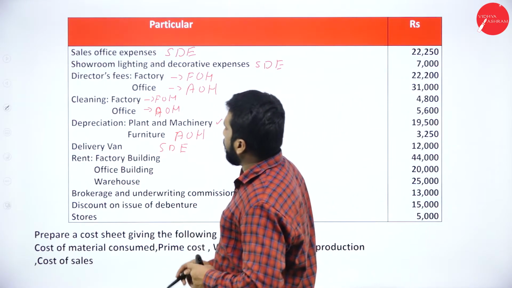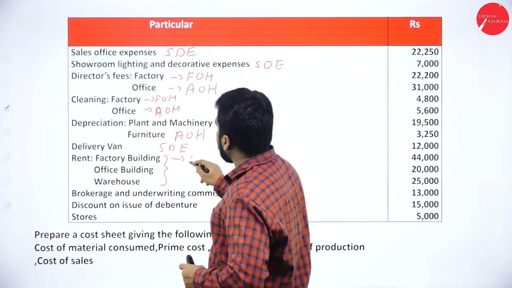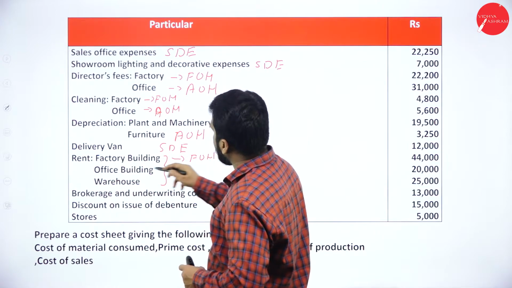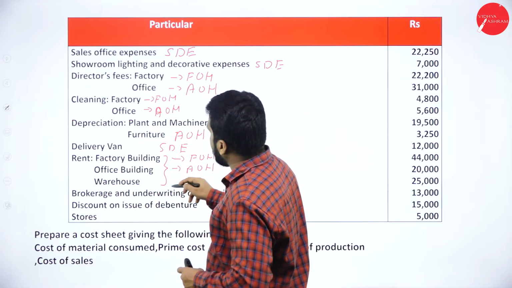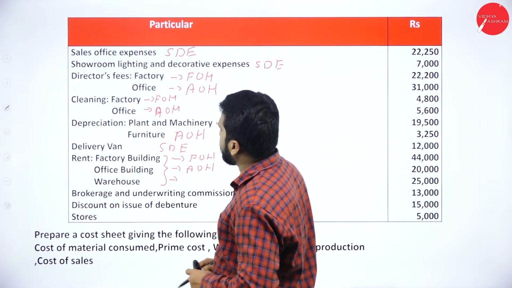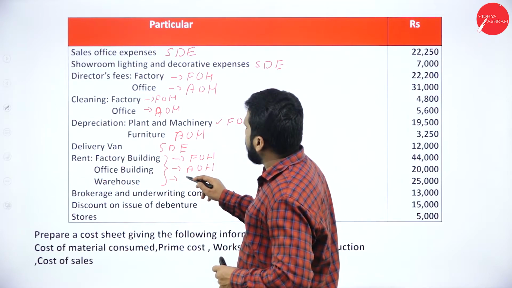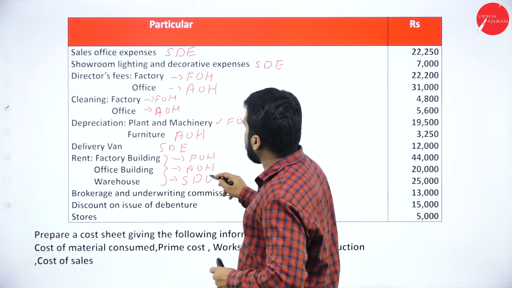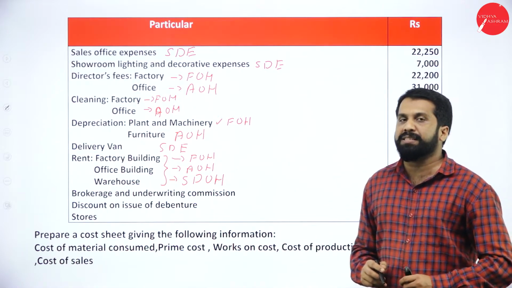Rent. Under this you have three rents. First one will be factory overhead. Second one, administration overhead. And the last one is warehouse. Warehouse is nothing but your selling and distribution overhead, or else we can call it expenses.